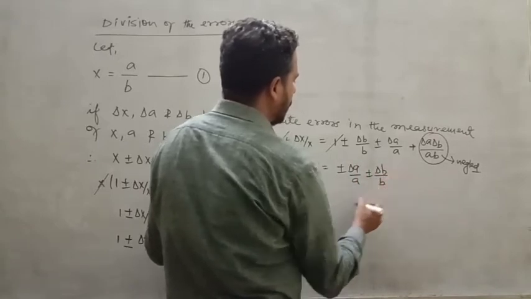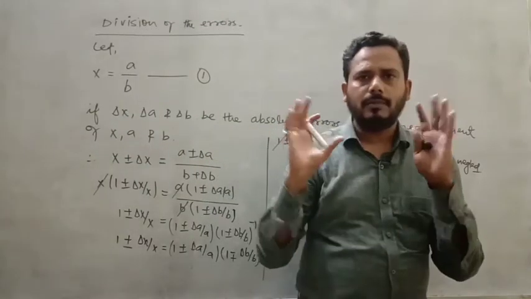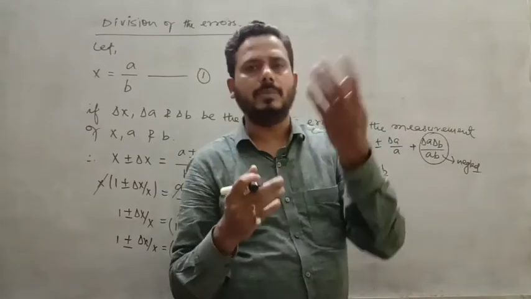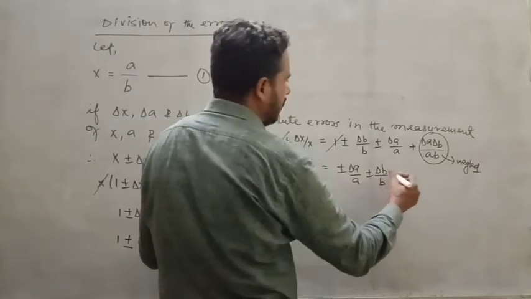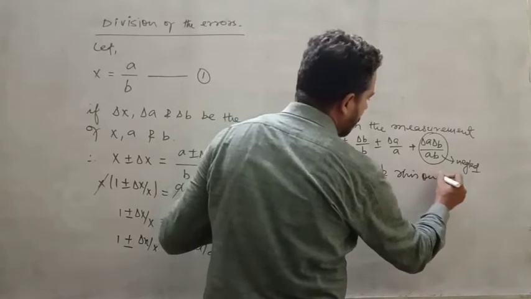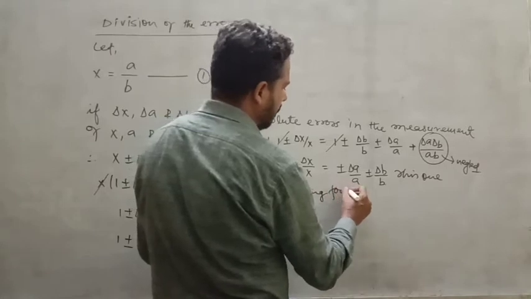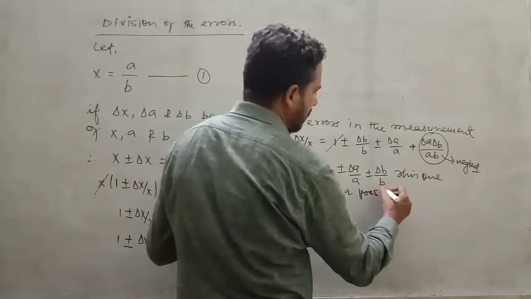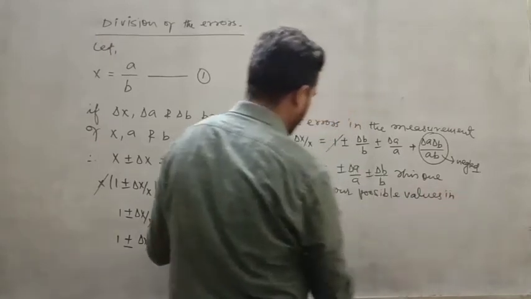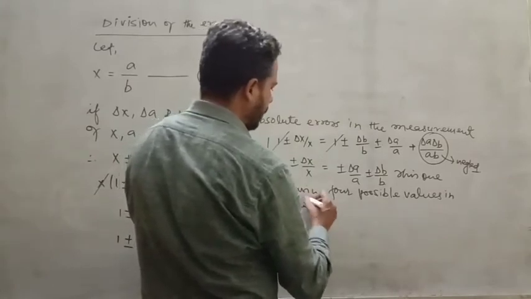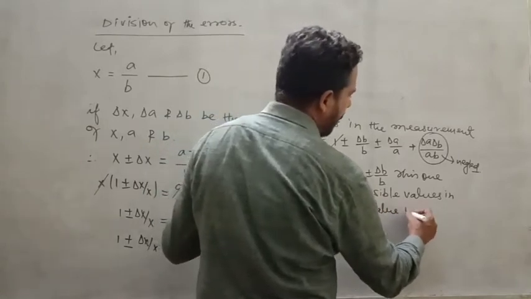This result has 4 possible values, in which the maximum value should be considered.